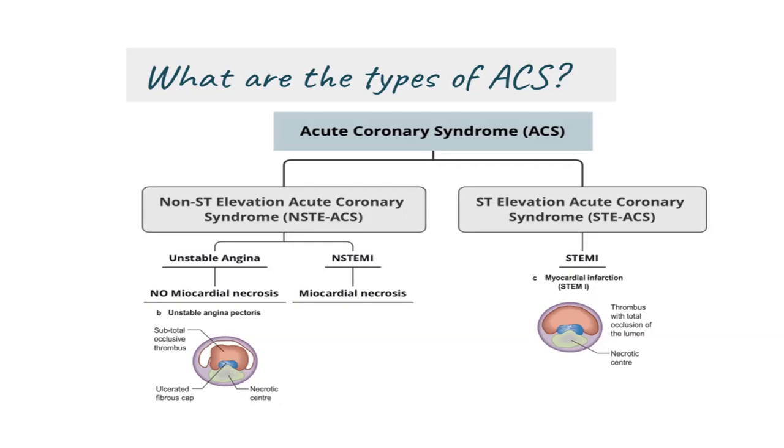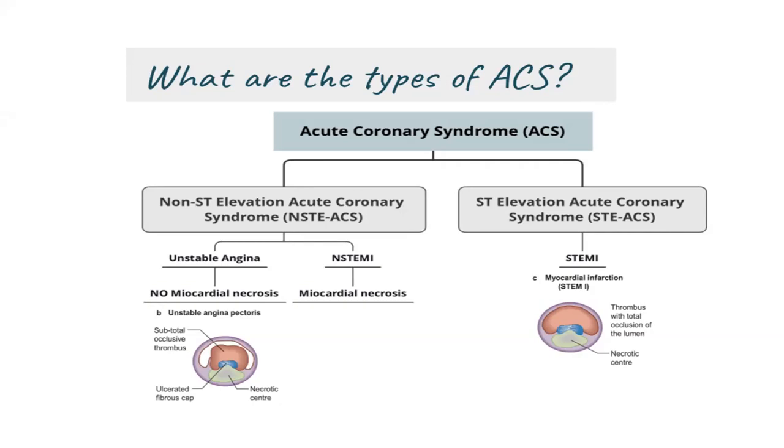And in terms of the non-ST elevation, you do have ST changes, which can be ST depression or T wave inversion, which are basically due to subendocardial infarction or tissue necrosis. And these patients will have a positive troponin, and they will present with typical chest pain.